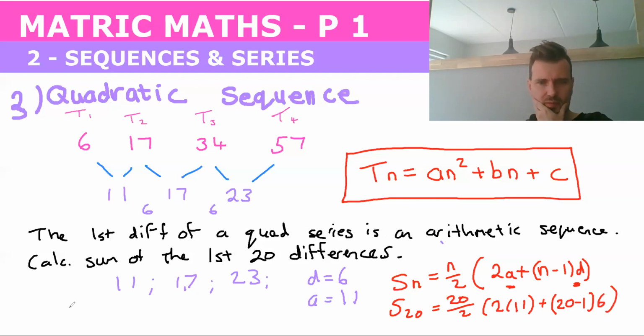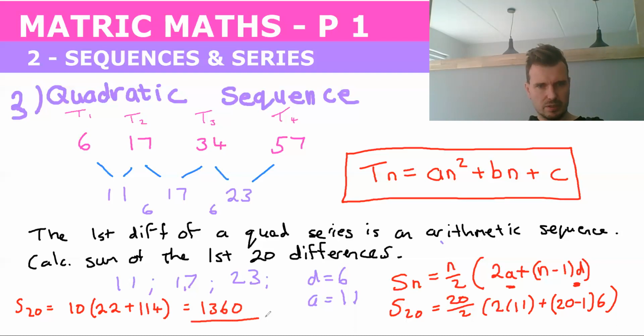Carry it on here, so that becomes 10 times 22 plus 19 times 6, so 114. Okay, so this is going to be 136 times 10, 1,360.